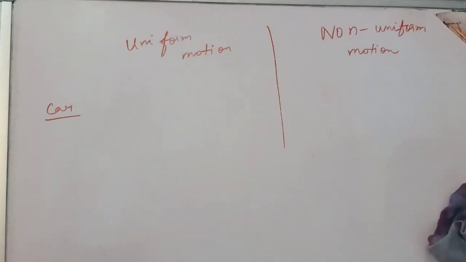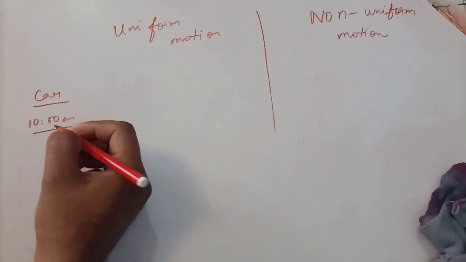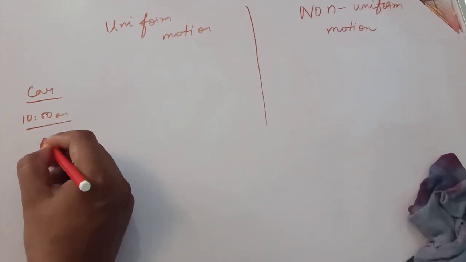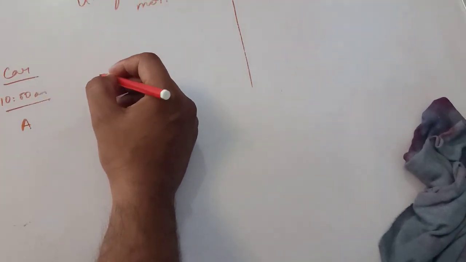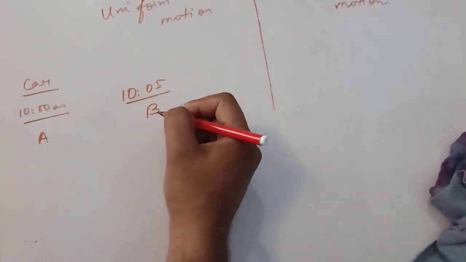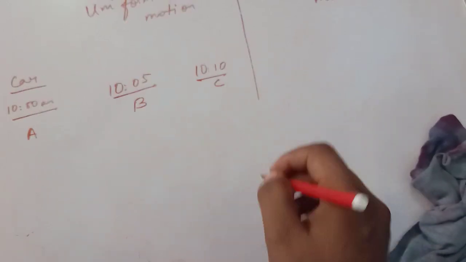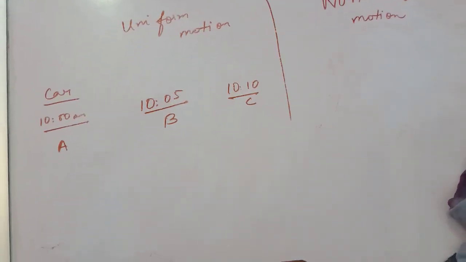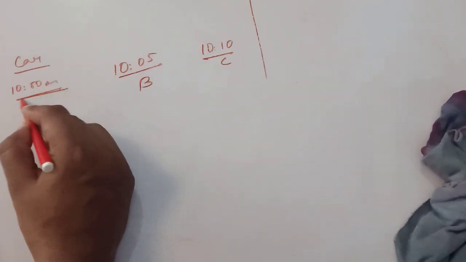This car at 10 o'clock was at point A. Now this car at 10:05 is at point B. This car now again at 10:10 is at point C. So let us see what we observe from here.